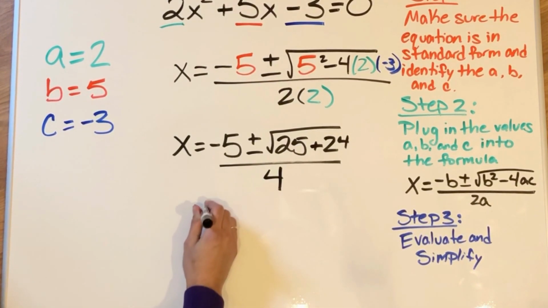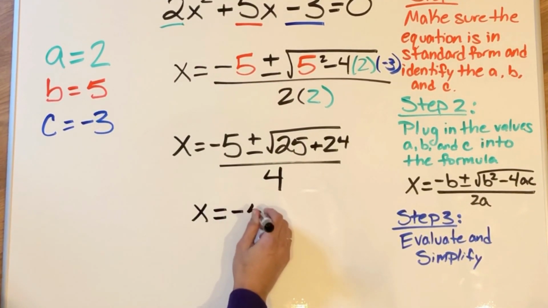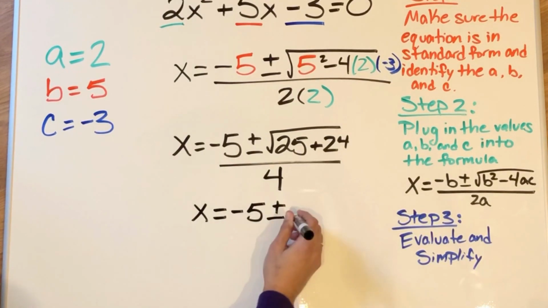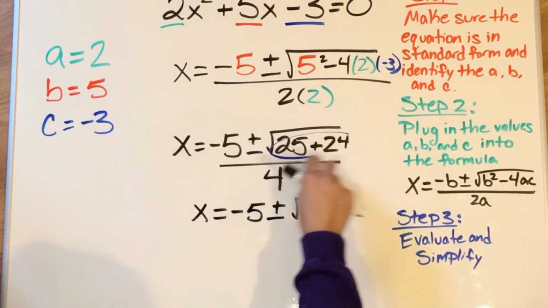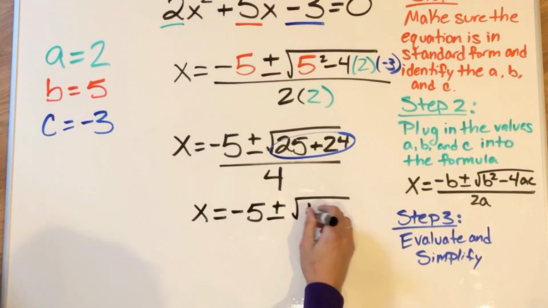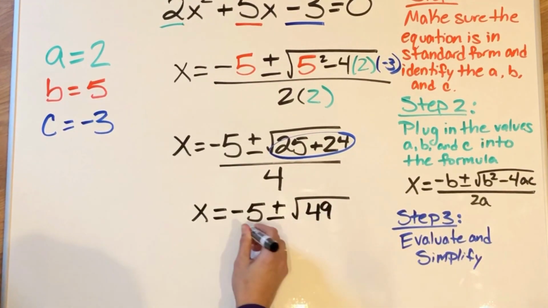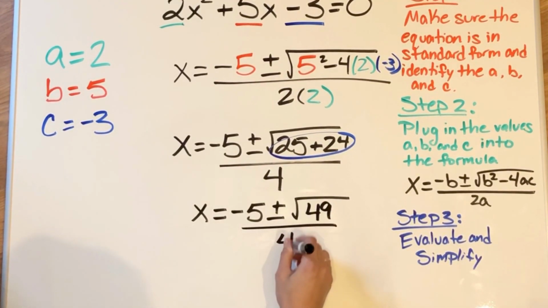So that leaves me with x equals -5 plus or minus the square root, again, 25 plus 24 is 49. And we're going to still divide that by 4.